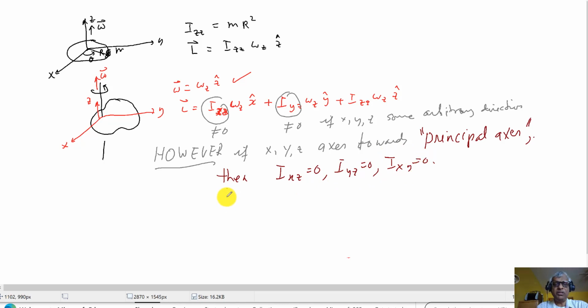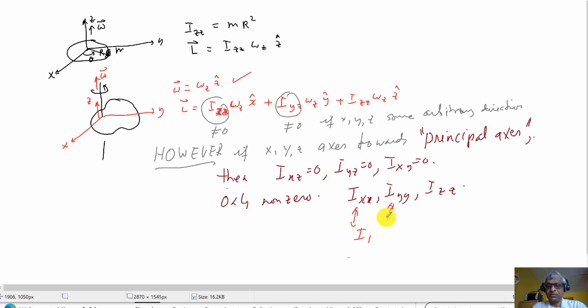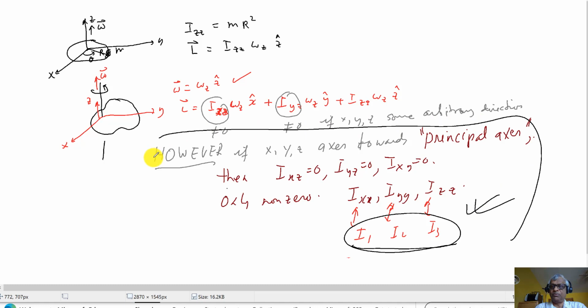So the only non-zero ones left will be Ixx, Iyy, and Izz. These are sometimes called I1, I2, and I3, and these are the principal moments of inertia. This is what we normally do.